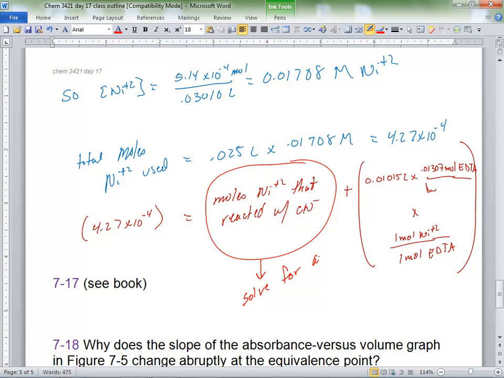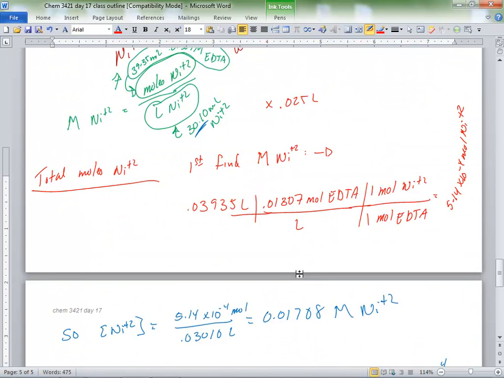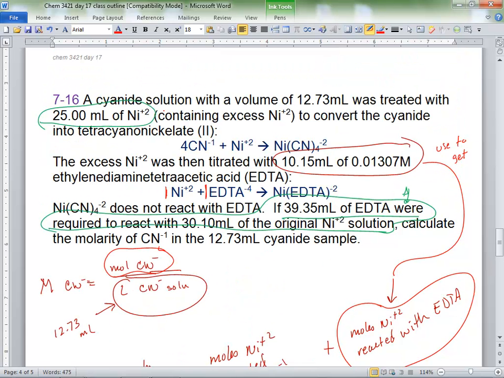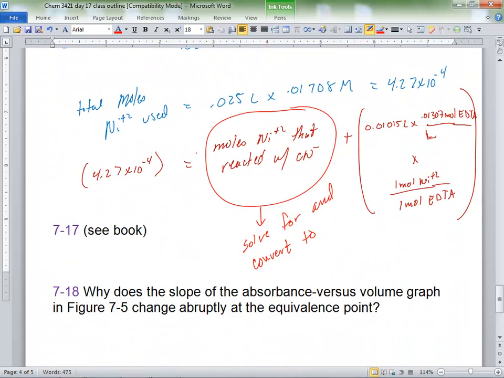Because they want concentration of cyanide, you need moles of cyanide. You have moles of nickel. See the ratio? It's not 1-to-1. There's 4 moles of cyanide for every 1 mole of nickel. So convert it to moles of cyanide.